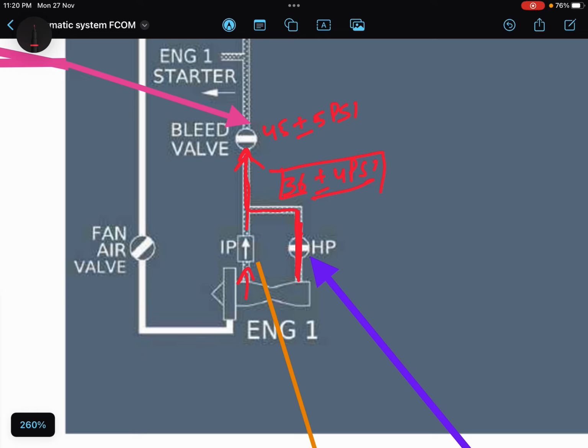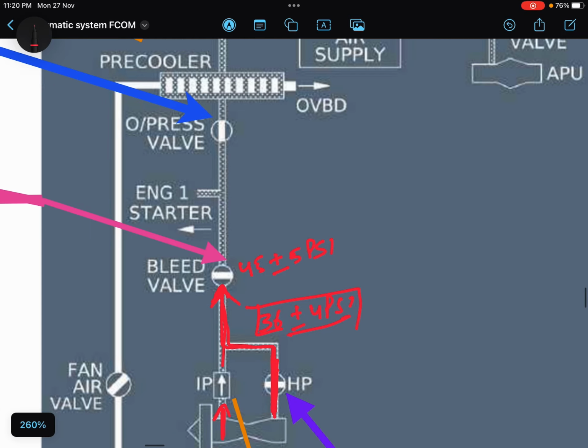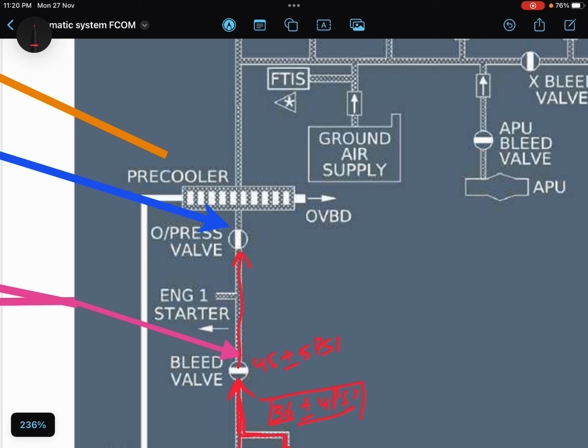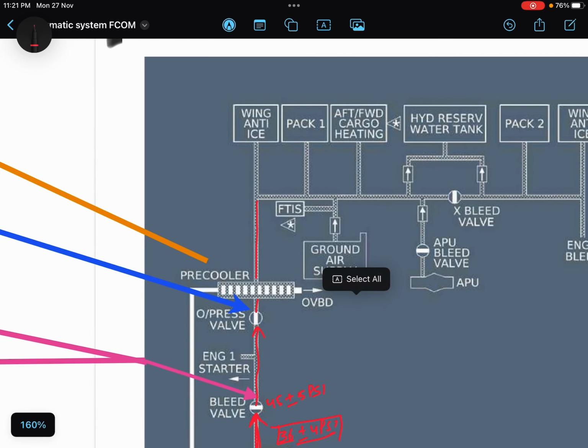It makes sense. Now when this HP valve opens, this IP valve also remains open. It does not close. So bleed is taken and supplied to the bleed valve, and then further it goes to the overpressure valve, and then via the pre-cooler it goes to the different systems: for wing anti-ice, for AC packs, for forward and aft cargo heating, hydraulic reservoir, and water tank pressurization, right?